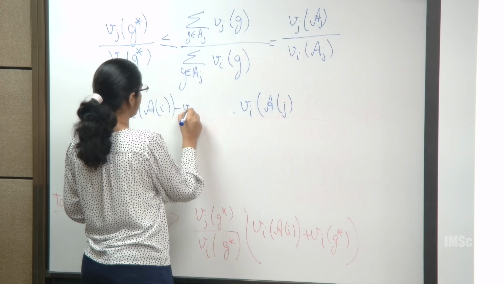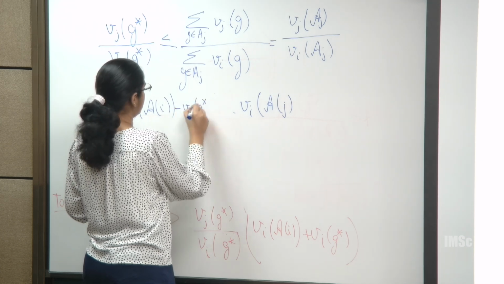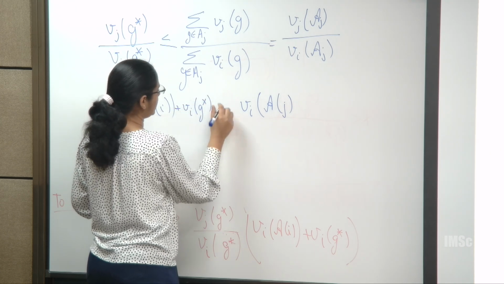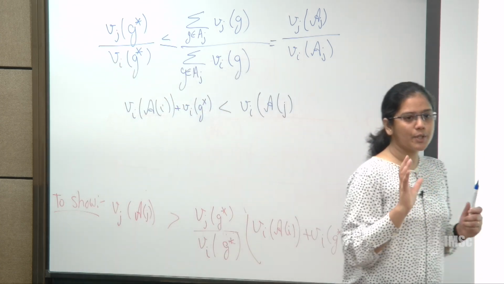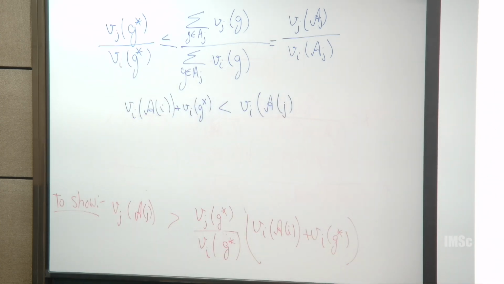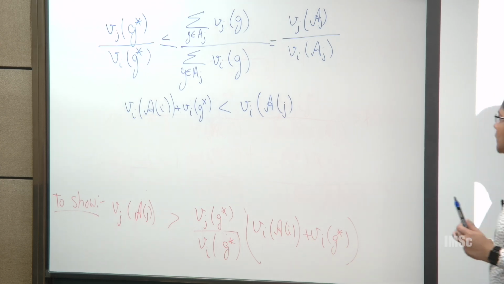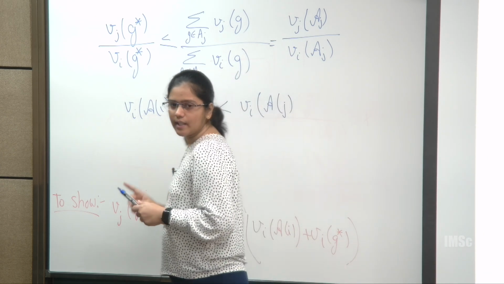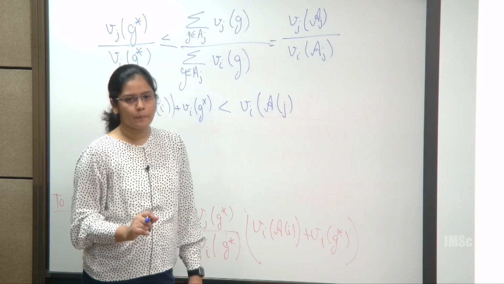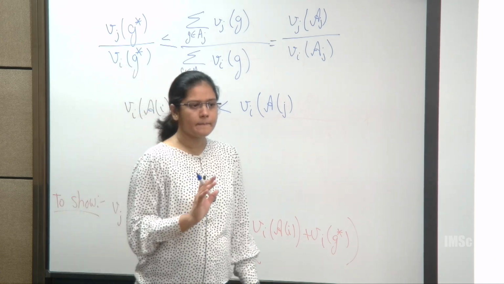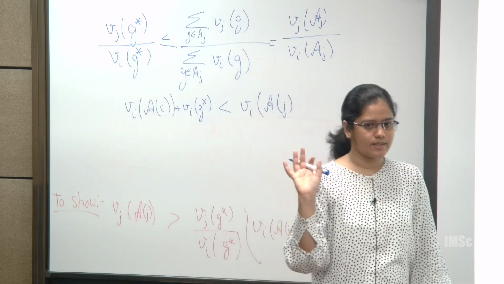Even if you remove G star, the valuation is still less, correct. So that is why I have this. Now, if you just multiply these inequalities, you will get this, that is it.